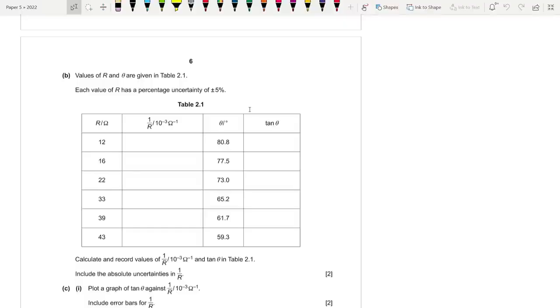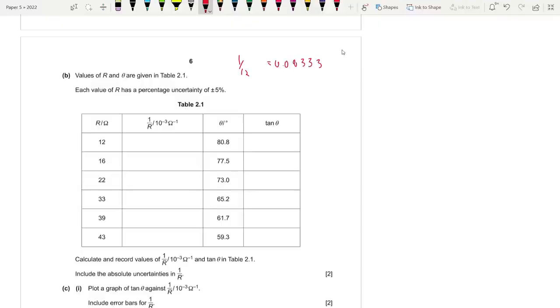You need to understand that there's a 10 to the power minus 3 attached to it. Okay, why is this important actually? Think about it. If you do 1 by 12, you're getting a value of 0.08333, right?